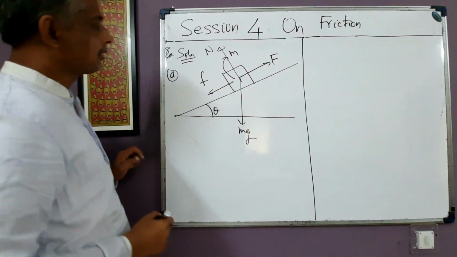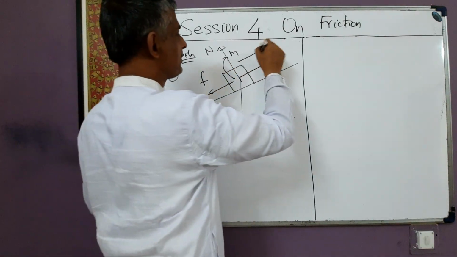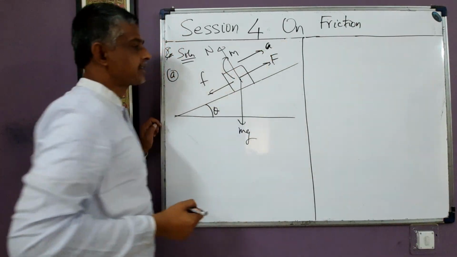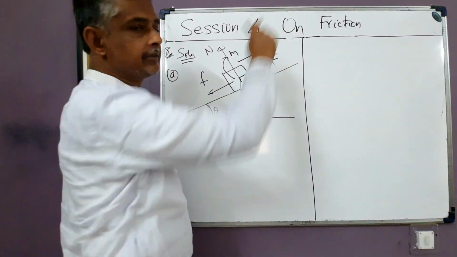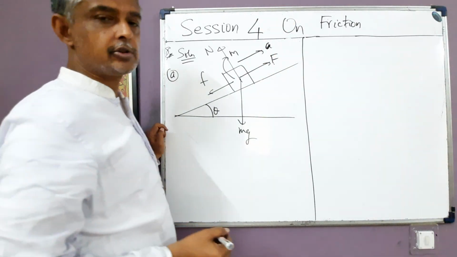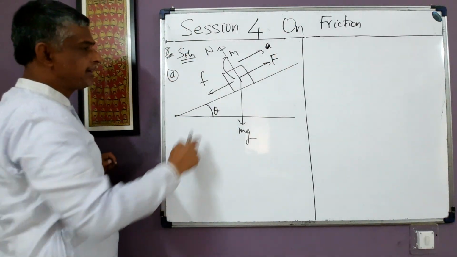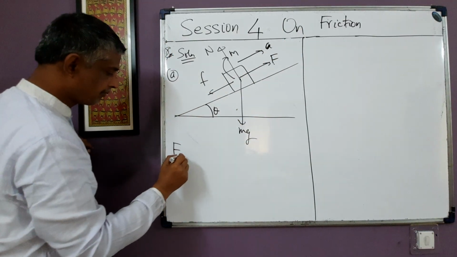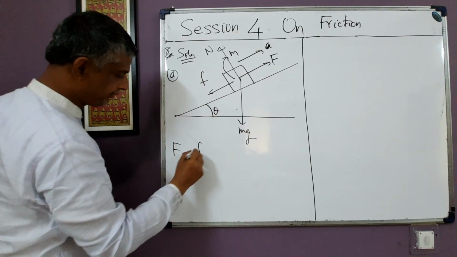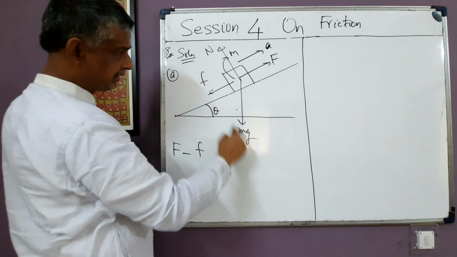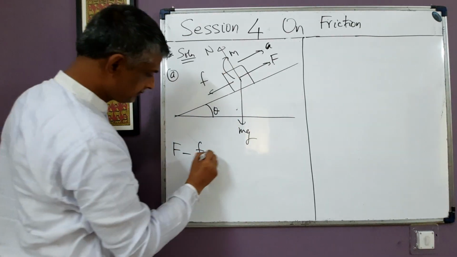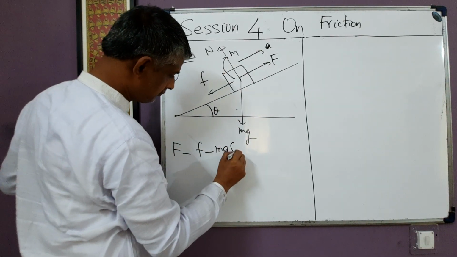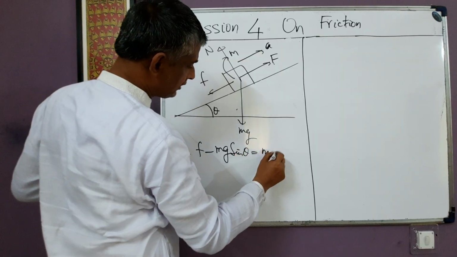Okay. Now the block is slipping up the incline. So it's accelerating up the incline with respect to ground with some non-zero acceleration, say A. So apply Newton's second law to block up the incline. So F minus f minus component of mg down the incline, mg sin theta, equal to ma.